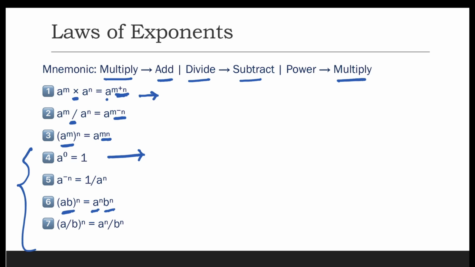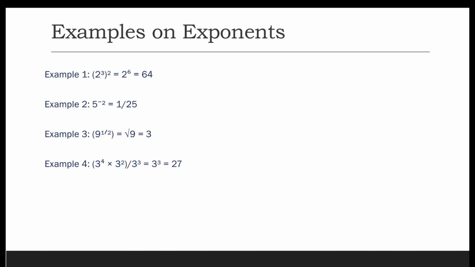If there is a by b to the power n, it is a to the power n divided by b to the power n. So these are general exponent operations. What we need to remember are these three. If we have to multiply with the same base, we add the power. If we have to divide, we subtract the power. If we have to find the power of a power, we multiply the powers.